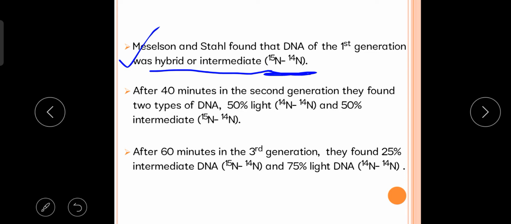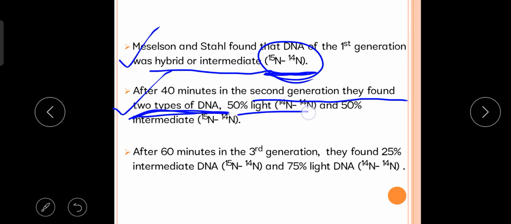Okay, clear? Again, after 40 minutes, 40 minutes means what? In the second generation. So first generation occurred in 20 minutes, second generation occurred in 40 minutes. So after 40 minutes, in the second generation, they found two types of DNA. In the first generation, they found only a single type of DNA, which was hybrid or intermediate, that means in between 15 and 14. After 40 minutes, in the second generation, they found two types of DNA where 50% were light.